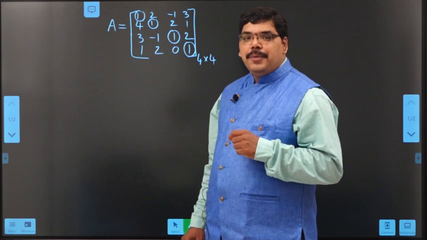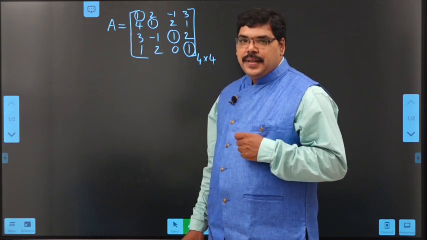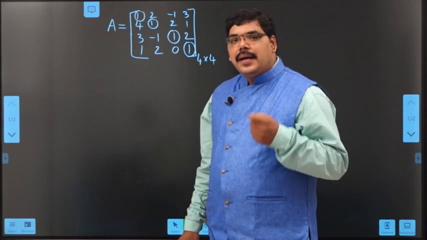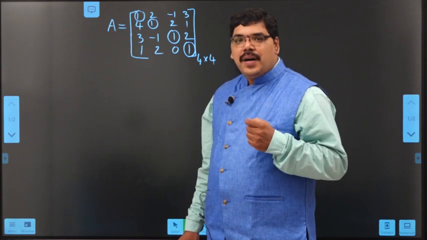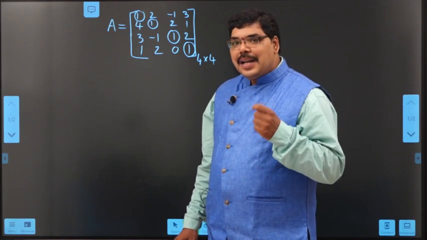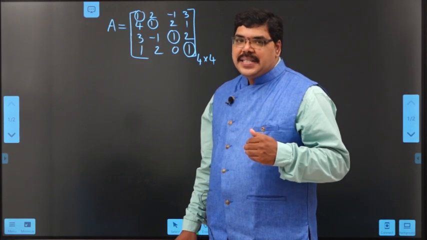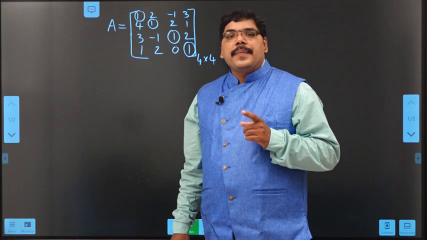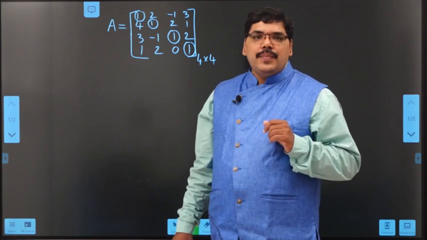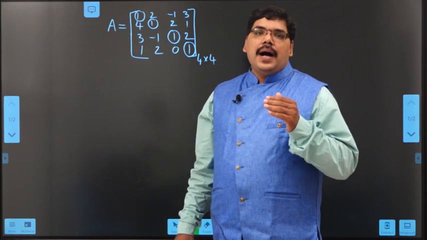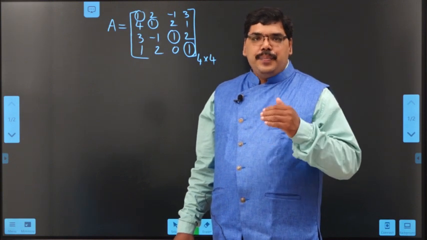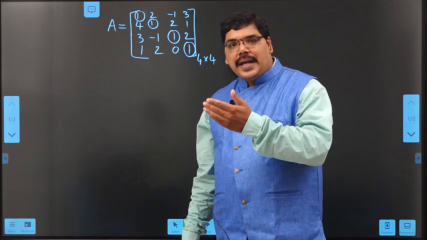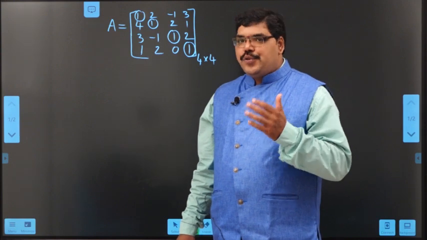Now what we have to do? If you want to convert a matrix into echelon form, you have to convert the below-diagonal elements into zeros. But if you want to convert a matrix into normal form, you have to convert all the elements below the diagonal and above the diagonal, all of them, into zeros.